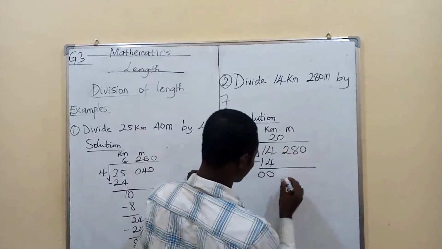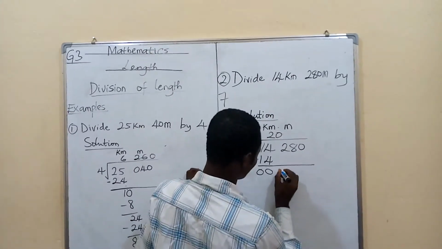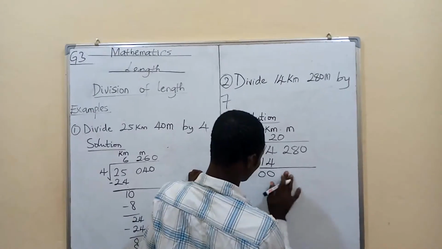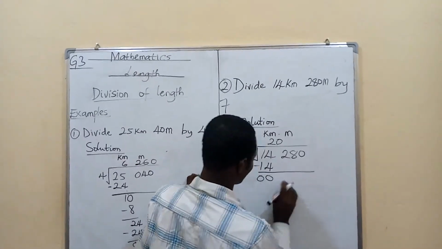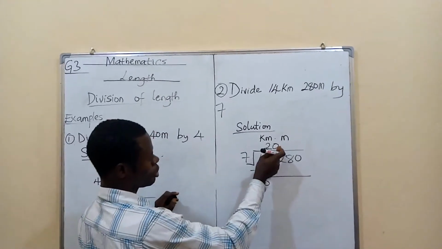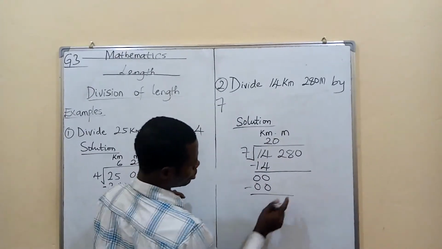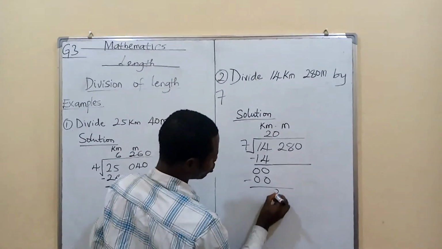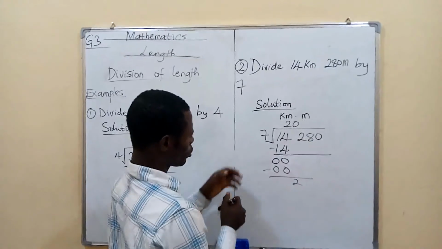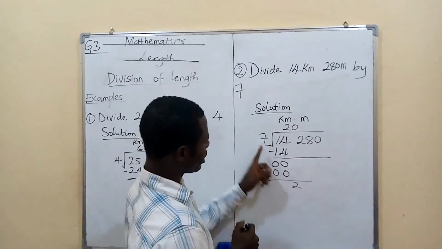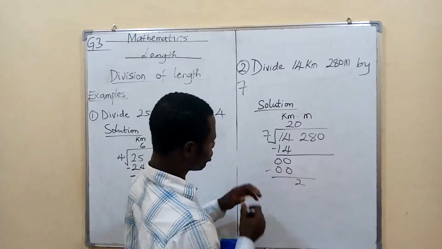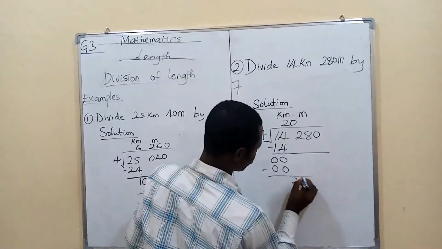Now you bring down 2. Don't bring down 2, sorry. 0 is going to have 0. 0, 0, 0. So you bring down this 2. 2 divided by 7 is not possible. You bring down 8 also.